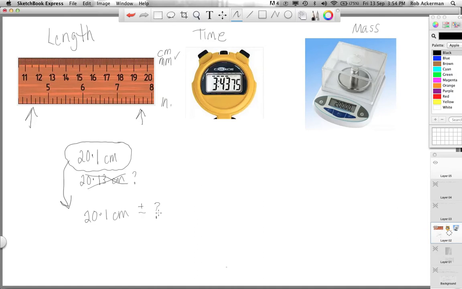Well, there's two things that go into estimating this range. One thing is called the instrumental error, and the other thing is called the statistical error.